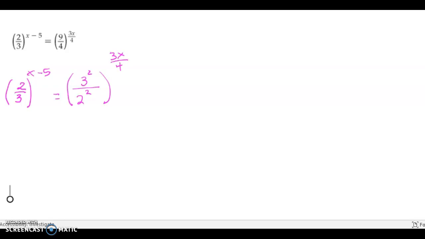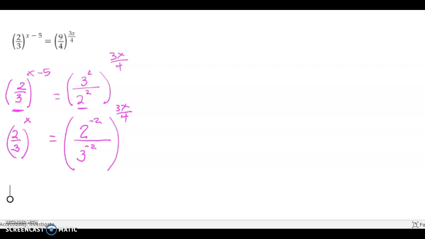Since my 3/2 is to the positive 2 power, and I really want 2/3, not 3/2, could I make it, let me back up, could I rewrite this with 3 to the negative 2 on bottom and 2 to the negative 2 on top, all to the 3x over 4 power?